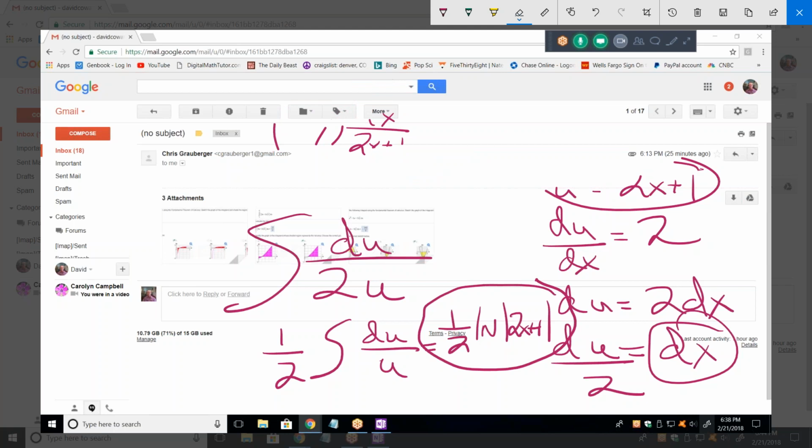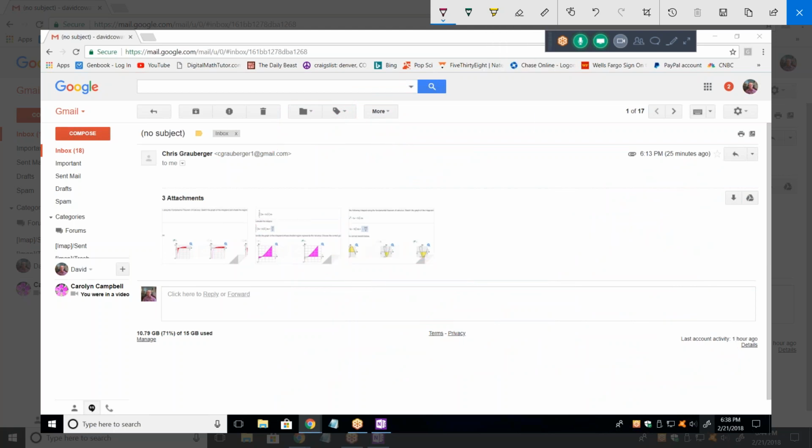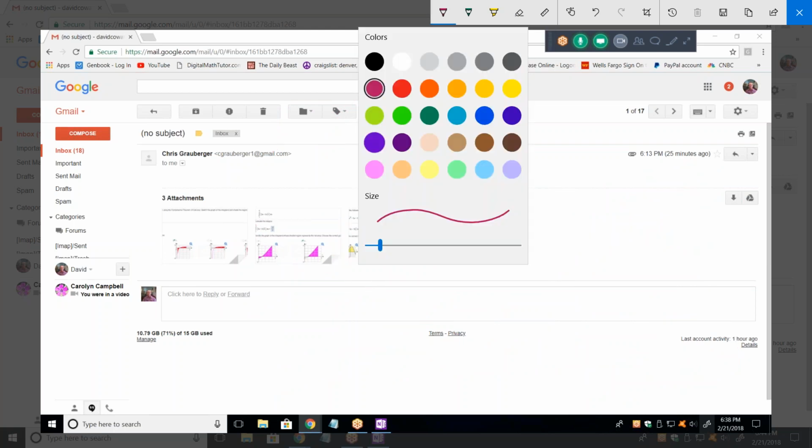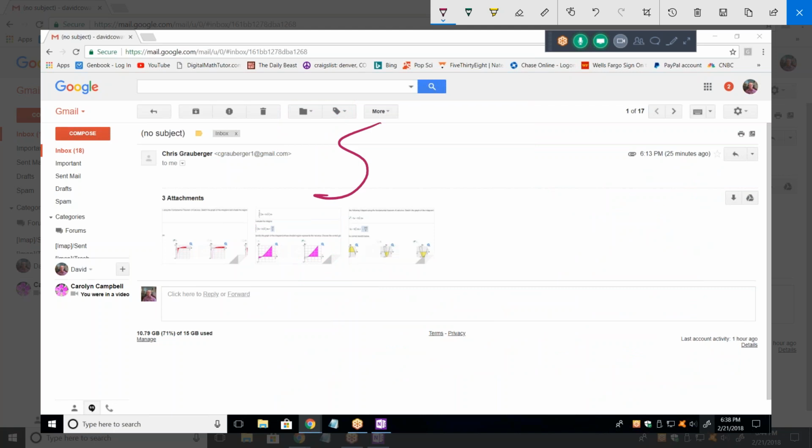Here, let me erase everything and rewrite it. The integral of dx over 2x plus 1. Now, if that denominator says x plus anything, then my answer is the natural log of it.